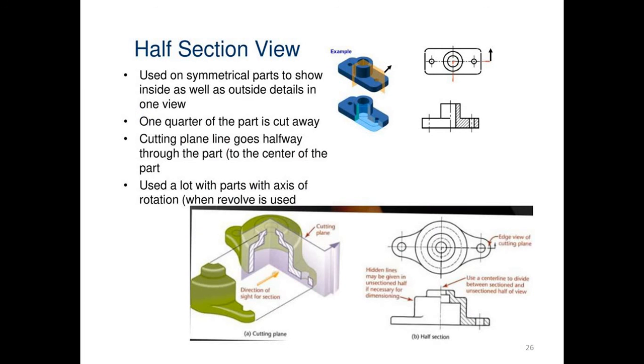It is cut at the center at 90 degrees, and in the case of the half section view, the right side shows the half section of that component for clear indication of inside and outside dimensions.